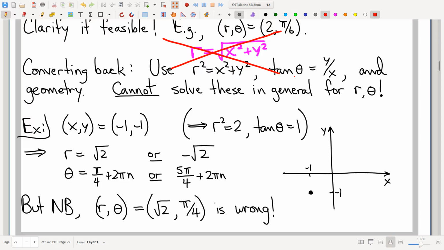Anyway, in many contexts, people are kind of loosey-goosey about this kind of thing, and you can't be. That symbol means positive. It does not mean both of the square roots. It does not mean whichever of the two square roots might be convenient in your context. That notation means positive. So that would suggest R has to be positive, and it does not.